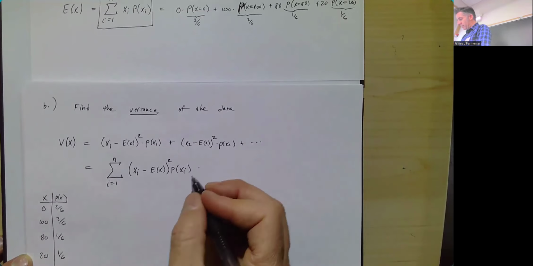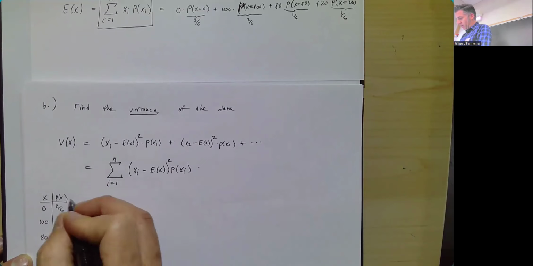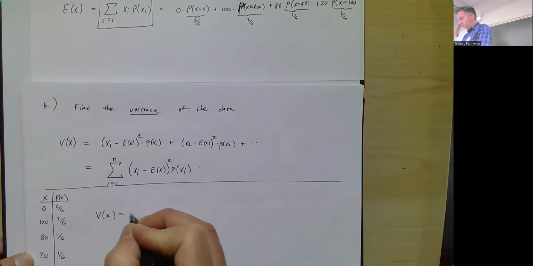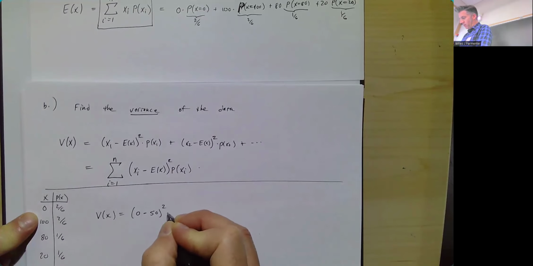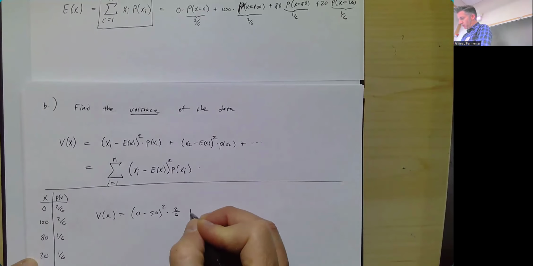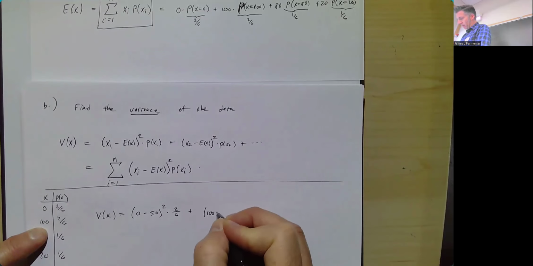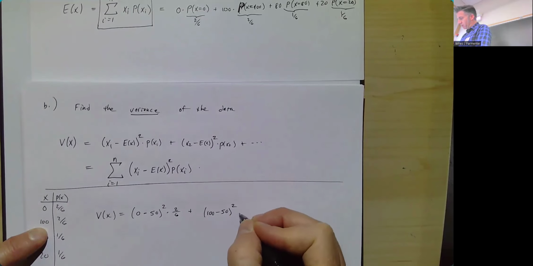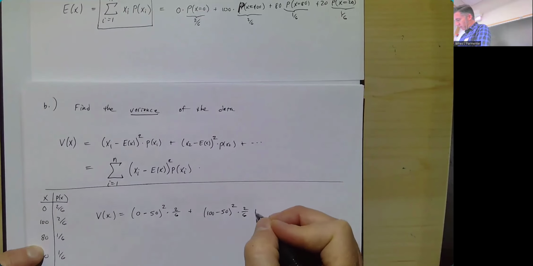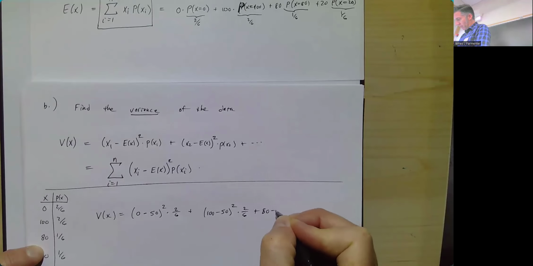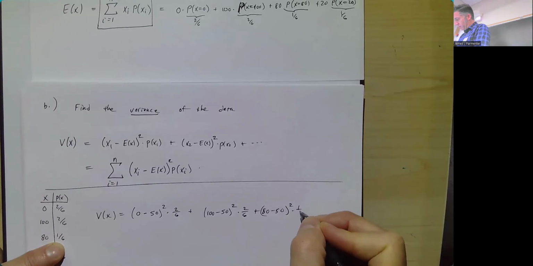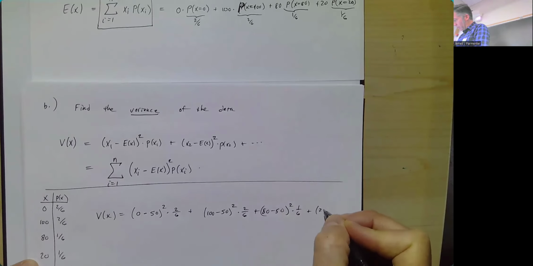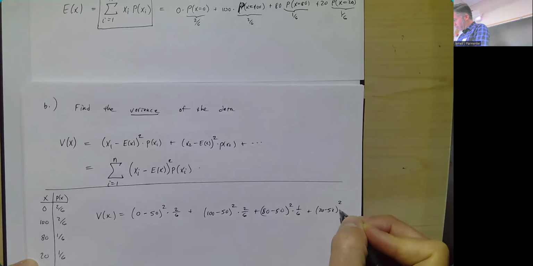So calculating this, our variance here is going to equal our score minus the average squared times the probability, plus our next score, which is 100, minus the average squared times its probability, plus our next score minus the average squared times its probability, plus our final score minus the average squared and this probability.